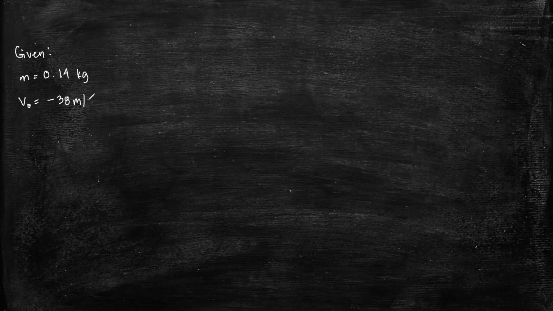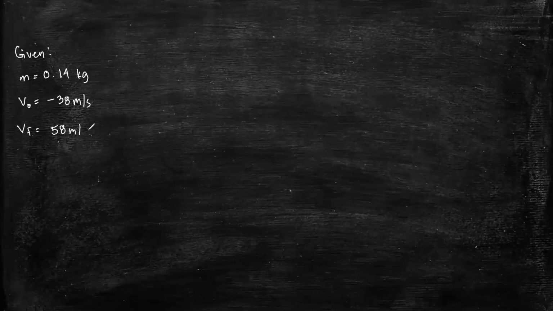So what are given based on the problem? We have a mass of 0.14 kilogram. Also, we have our initial velocity of negative 38 meters per second and final velocity of positive 58 meters per second.